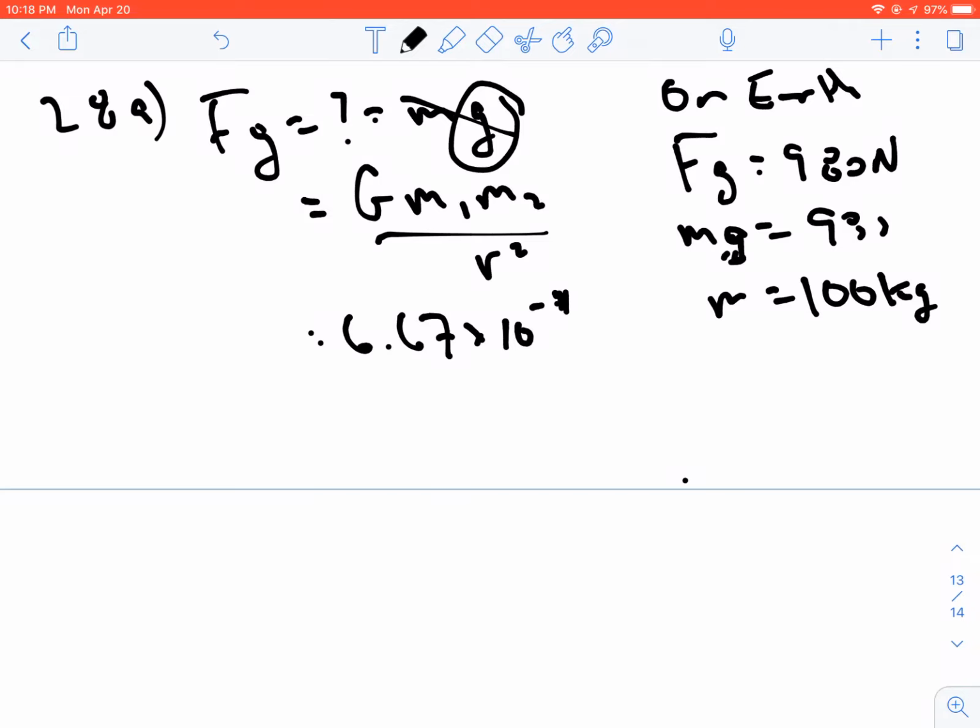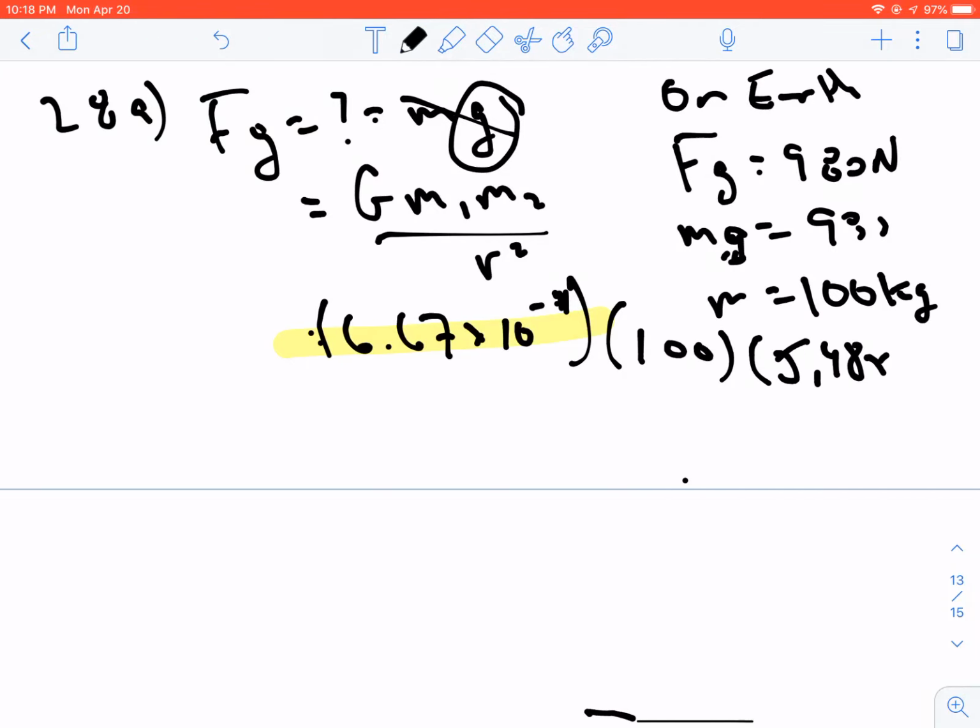So now I can go back to this formula down here, and I can continue by saying G m1 m2, there's my G, times m1, which is 100, times m2, the mass of the Earth, 5.98 times 10 to the power of 24. Okay, you're probably all starting to remember that mass of the Earth already, divided by the radius of the Earth squared. Oh, but I'm not on the Earth now.